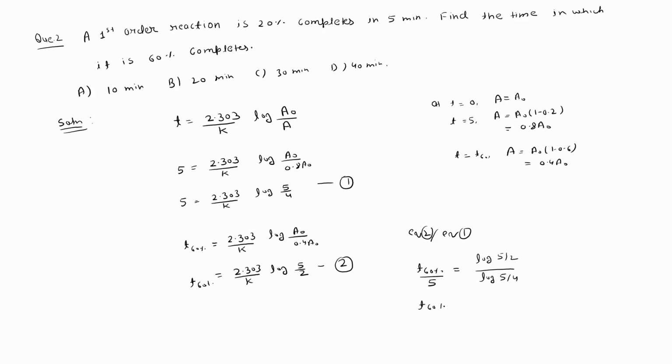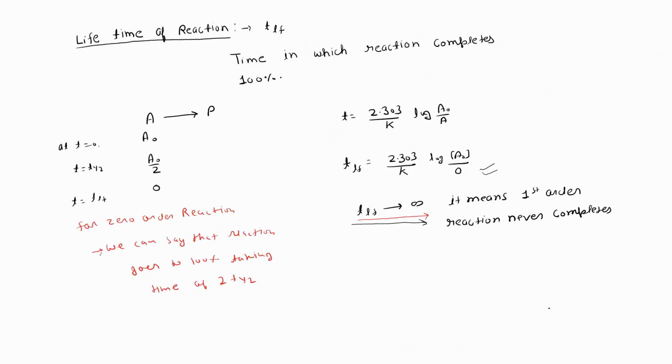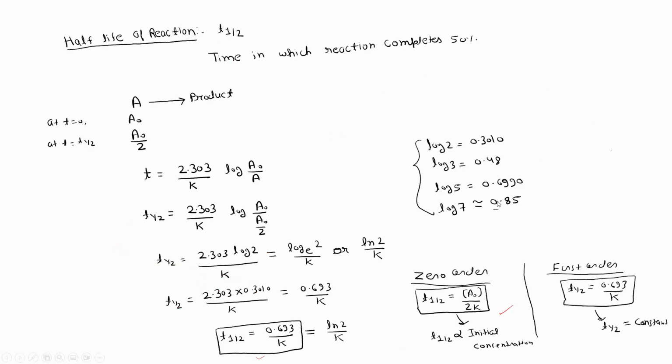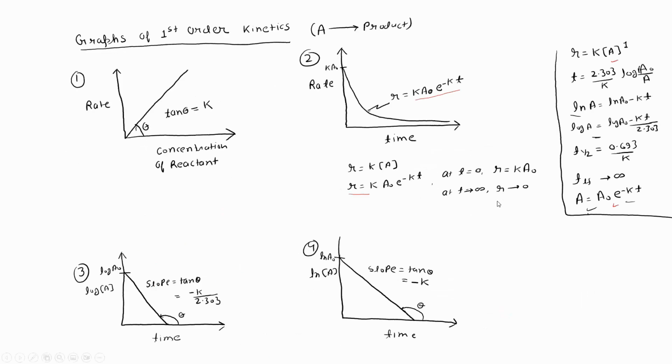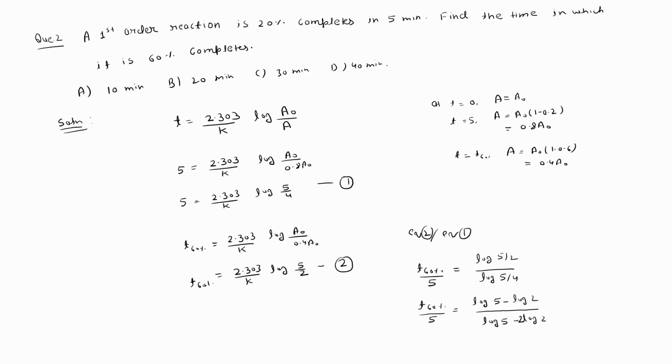So T 60% divided by 5 is equal to log 5 by 2 over log 5 by 4. Log A by B is log A minus log B. Similarly, log 5 by 4 is log 5 minus 2 log 2, since 4 is 2 square. The value of log 5, I have already told in the previous lecture: 0.6990, or I can write 0.7 also.